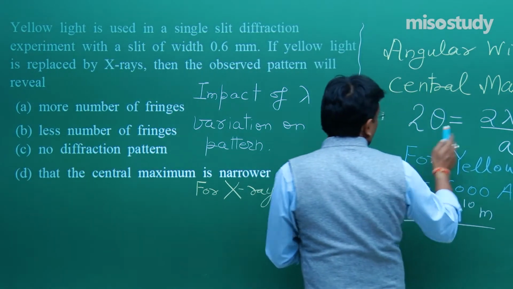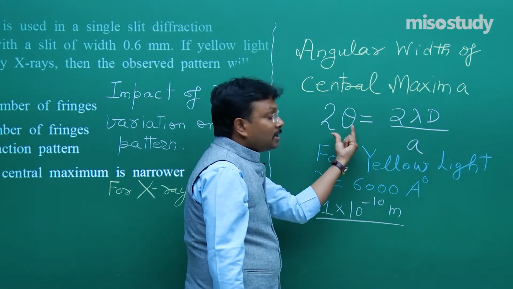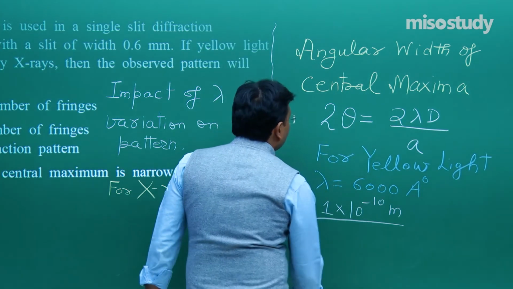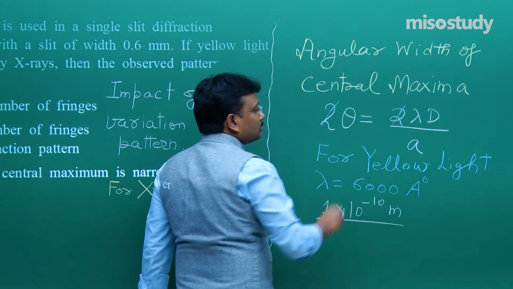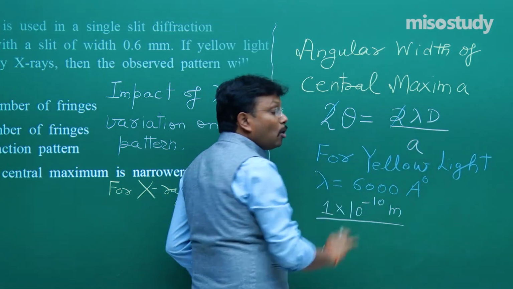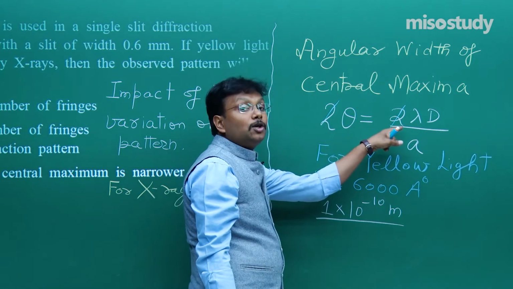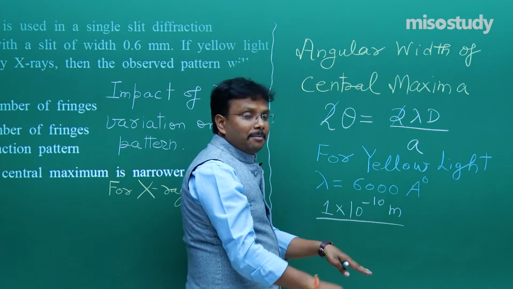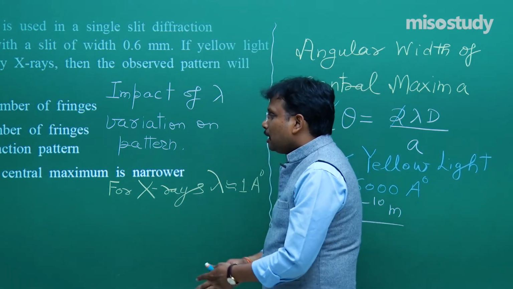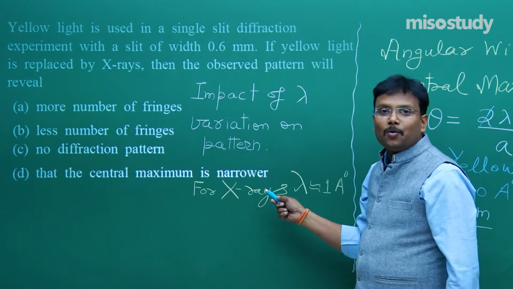From here you can easily find out, if you reduce the lambda, theta is reduced, because 2 is basically meaningless, and as such no change in capital D and small a. So you can say directly theta is directly proportional to lambda. So reduction in lambda, it is also going to be narrow.